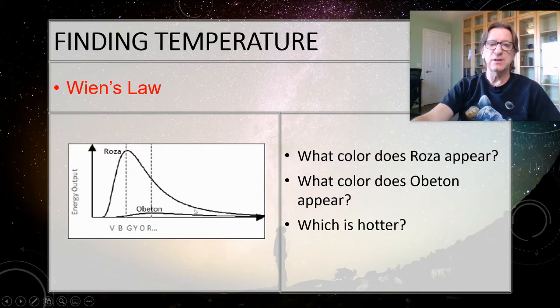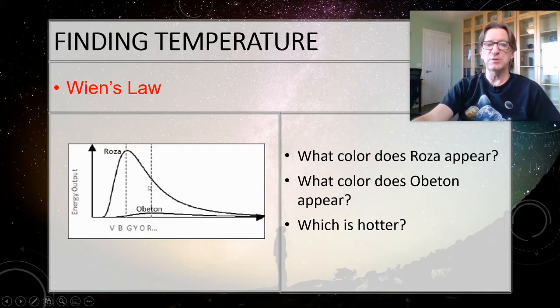Here's Overton right here. And you see that it peaks right about here. So pause the video. Is that reddish or is that bluish? Well, this one then is going to be peaking in the red, so the star looks reddish. Keep in mind that Rosa, for example, still has some red light. In fact, it's got more red light than Overton does.